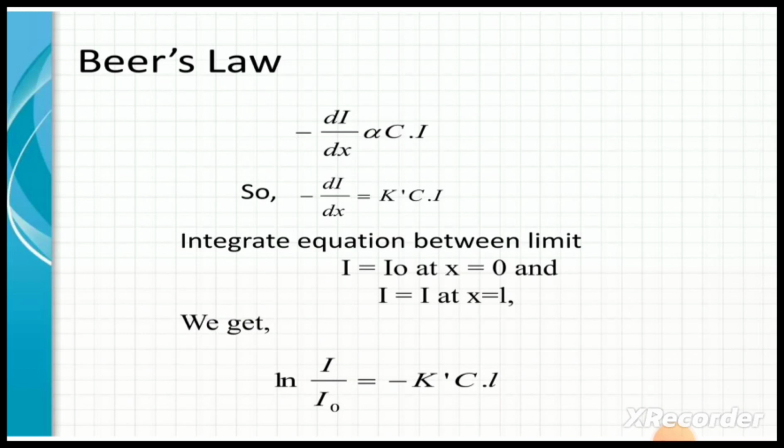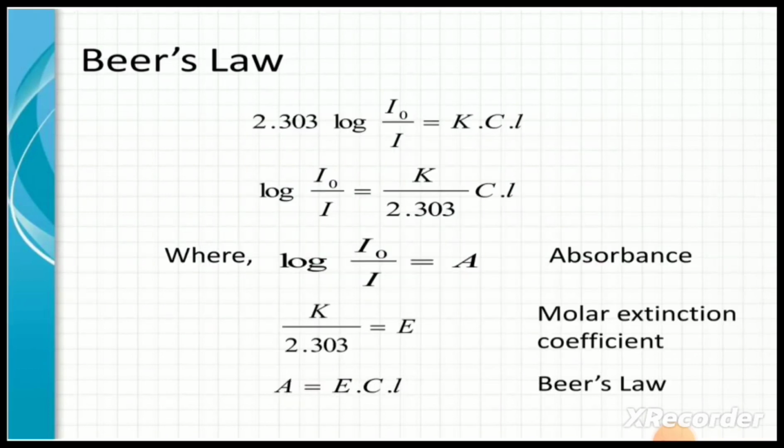Integrate the equation between limits I equals I0 at x equals 0 and I equals I at x equals l. So ln I upon I0 equals minus kcl. Now 2.303 log of I0 upon I equals kcl, same as Lambert's law.